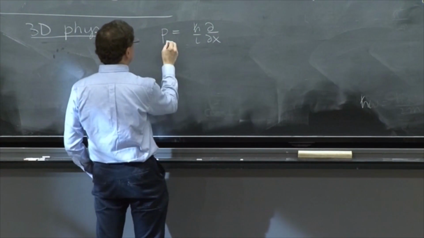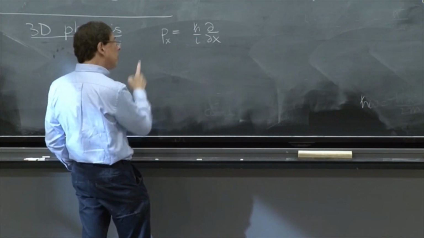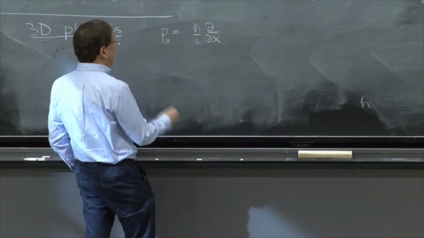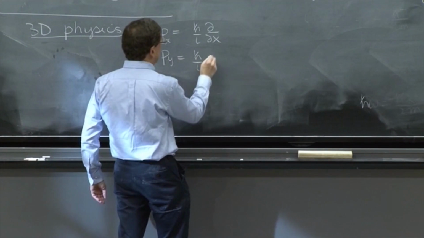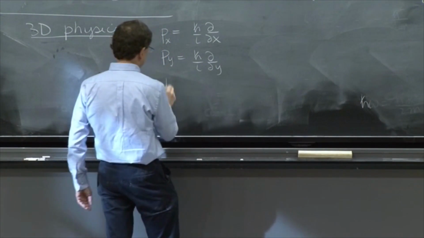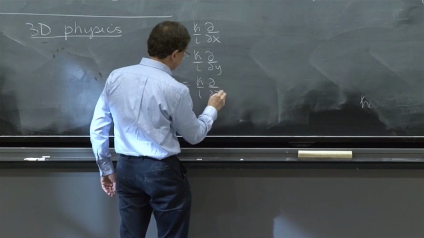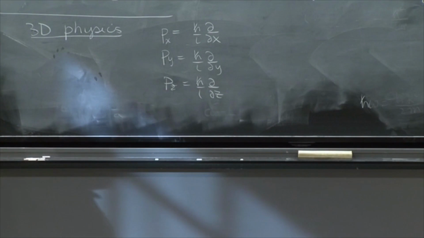But in 3 dimensions, that should be the momentum along the x direction. We wrote waves like that with momentum along the x direction. And py should be h bar over i d/dy, and pz should be h bar over i d/dz. Momentum in the x, y, and z direction.